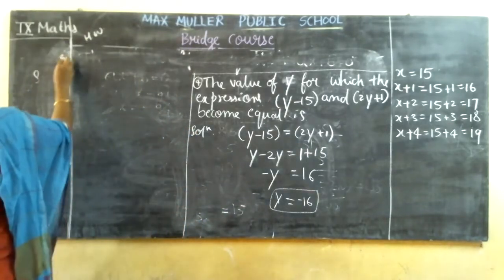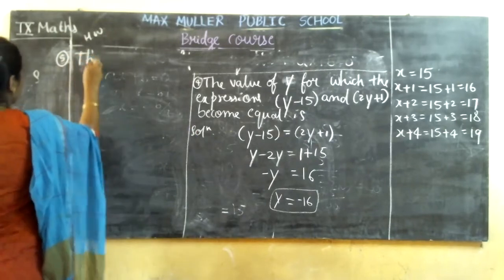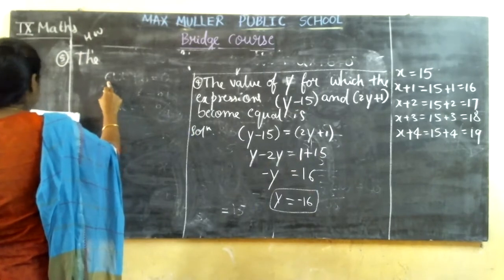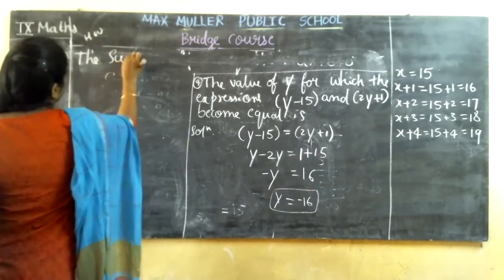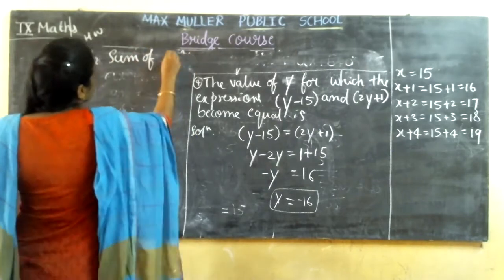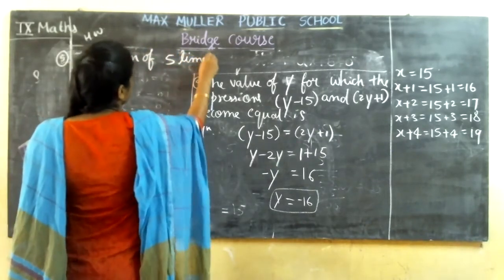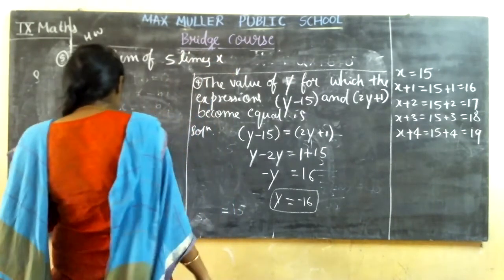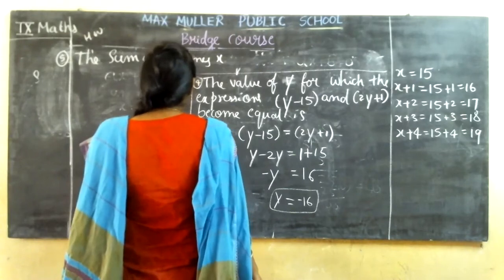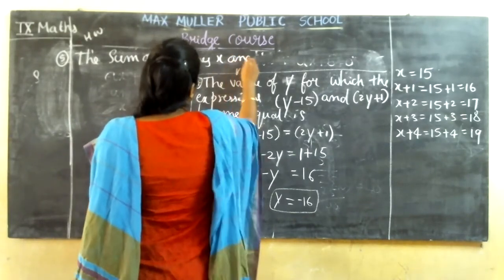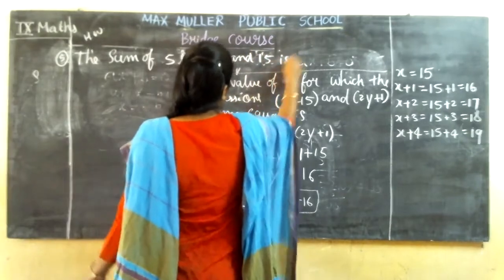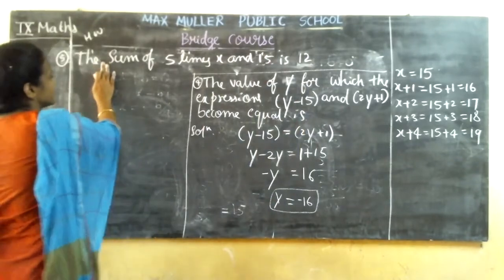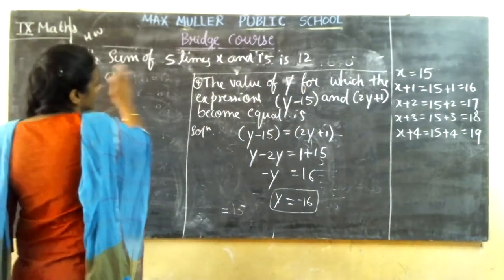The statement is: the sum of 5 times x and 15 is 12. What you need to do here is express this problem in the form of an equation.